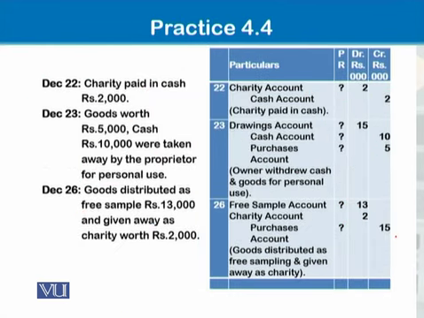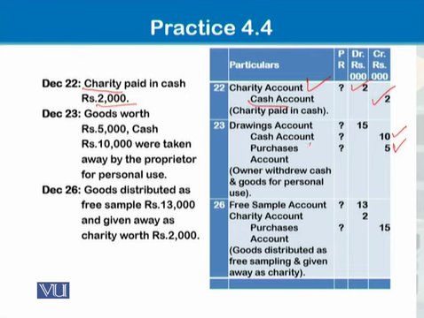Well, next comes charity paid in cash. Charity is our expense, should be debited, and we have paid cash, and cash is credited, 2,000 and 2,000. It's easy. Now there is drawing worth 5,000 in cash and 10,000 in goods. So cash is reducing and goods are reducing, which would be subtracting from purchases.